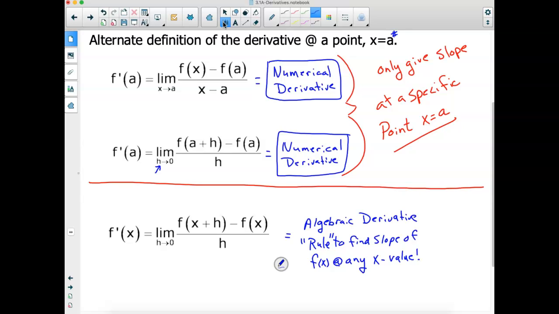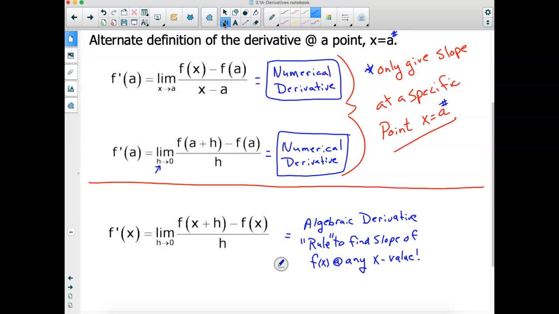And that was found by taking f of a plus h minus f of a, all divided by h. That gave me a numerical derivative. That's basic, a lot of what we talked about yesterday. And remember, that is only going to give you the slope at a specific point, x equals a. And remember, a is going to be a number.